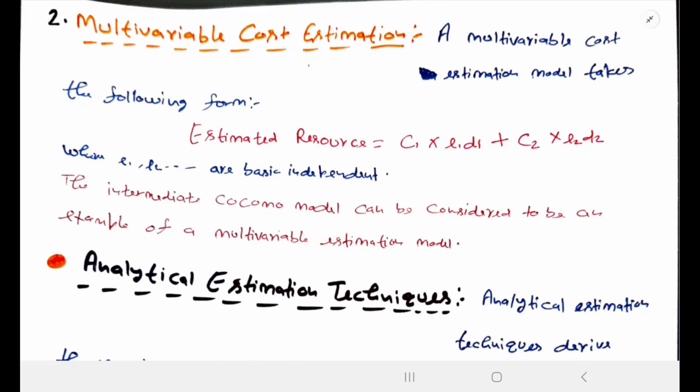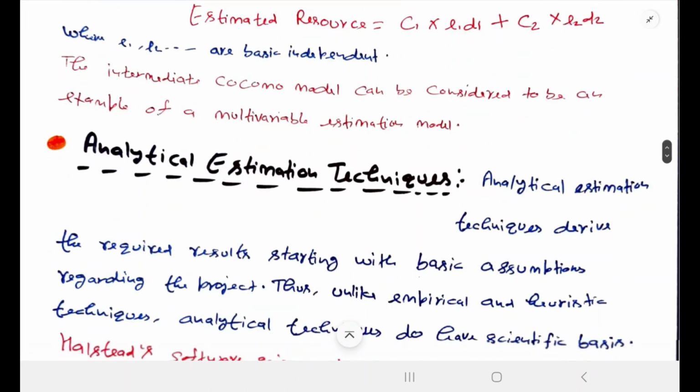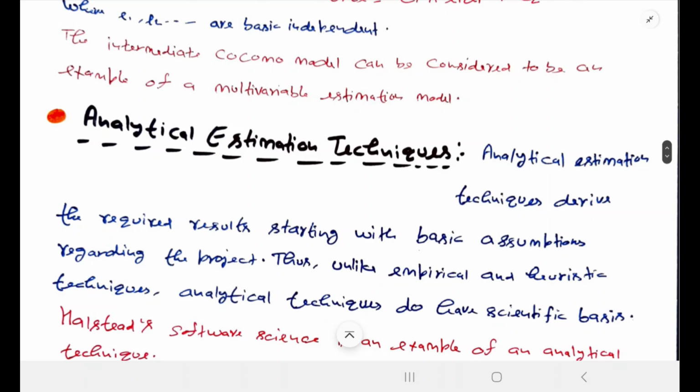The equation, as on your screen, is estimated resources equal to C1 into E1 D1 plus C2 into D2 E2 D2. Here E1 and E2 are basic independent variables and all others are dependent variables. Okay, so this was the heuristic estimation model, and these are the two types of that particular model.